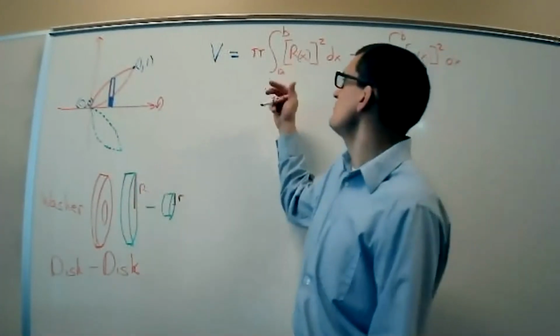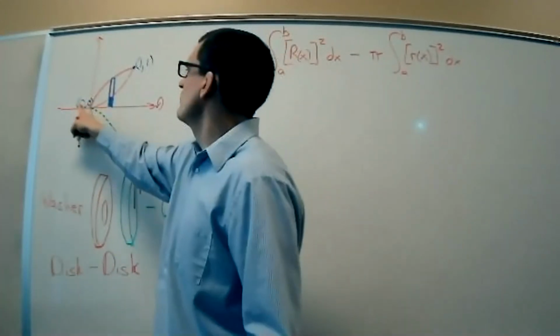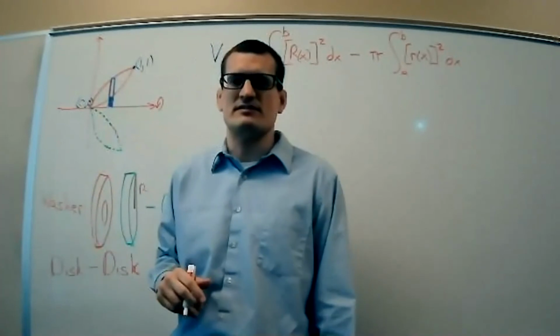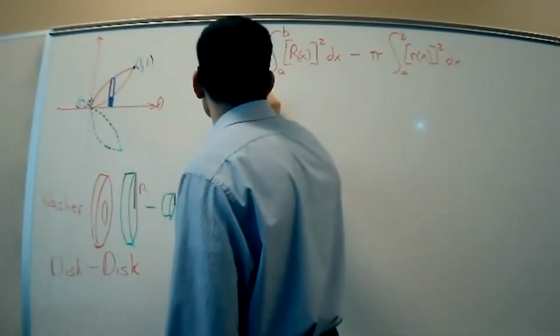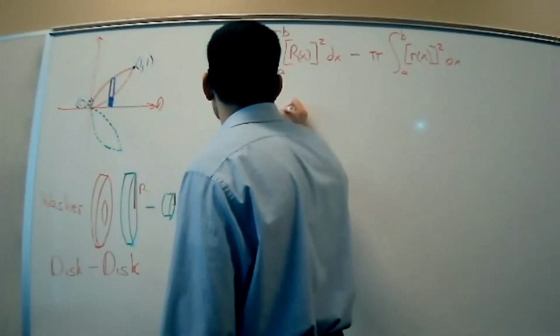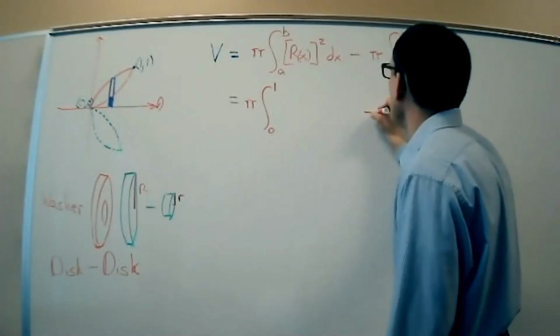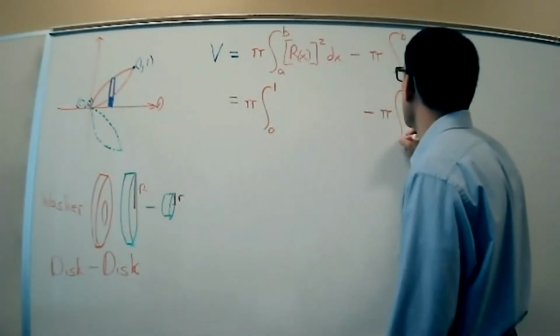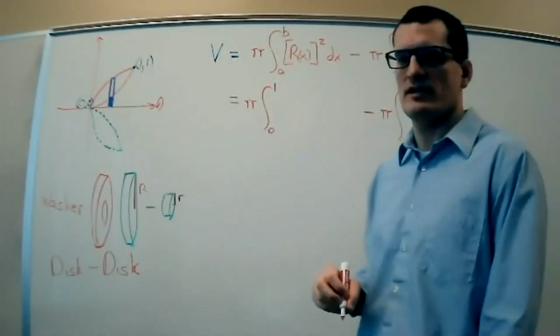All right, so let's fill this thing out. Obviously, both of these are going to be integrated from 0 to 1 because we want to match those things up. So we're going to integrate from 0 to 1 the bigger radius, minus integrate 0 to 1 the smaller radius, again, squared.